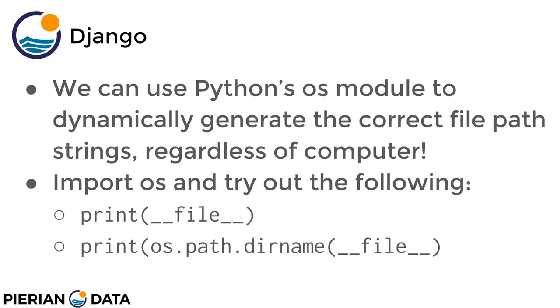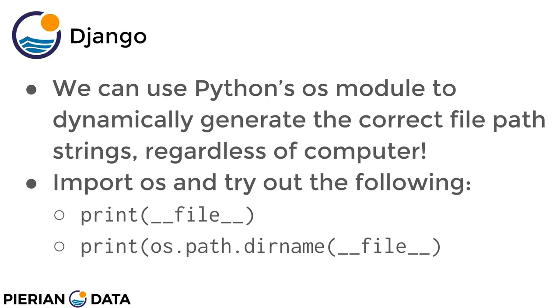Well, this is where the power of Python comes into play. We can use Python's OS module to dynamically generate the correct file path strings, regardless of whosever computer you're using or whatever operating system you're using. If you want to check this out, you can import OS with Python and then try out something like the following: print __file__, or print os.path.dirname and then pass in that __file__ tag.